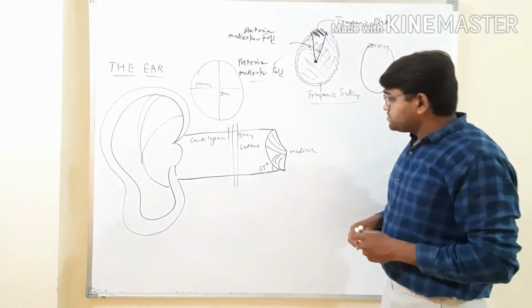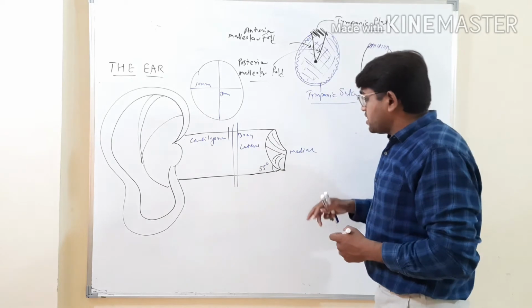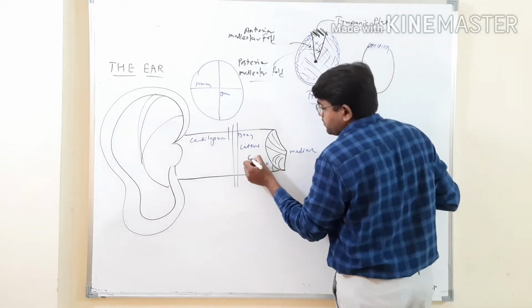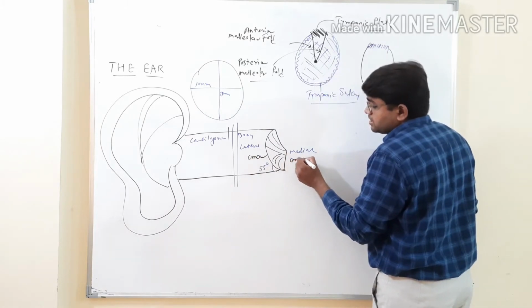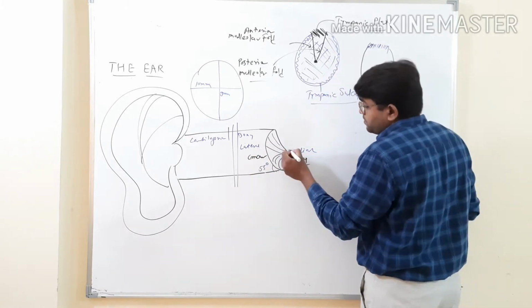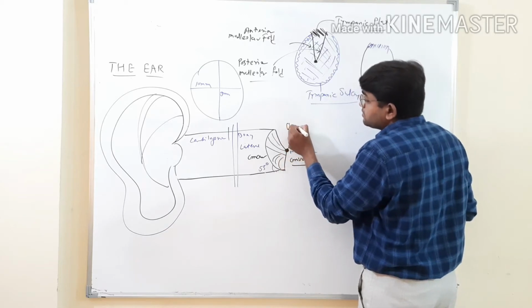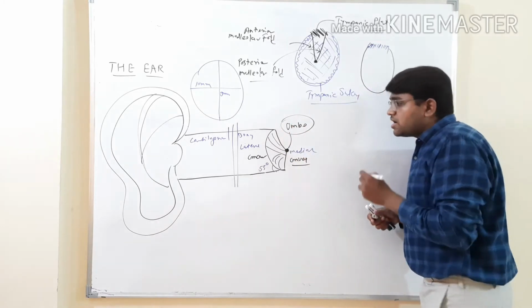Okay, then the surfaces: the lateral surface is concave, whereas the medial surface is convex, and the point of maximum convexity is known as the umbo. Okay, so what is the umbo?